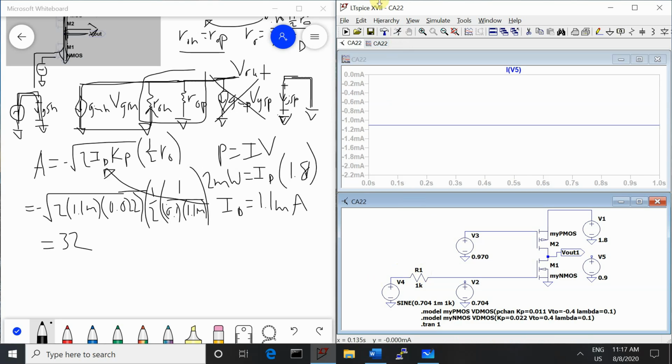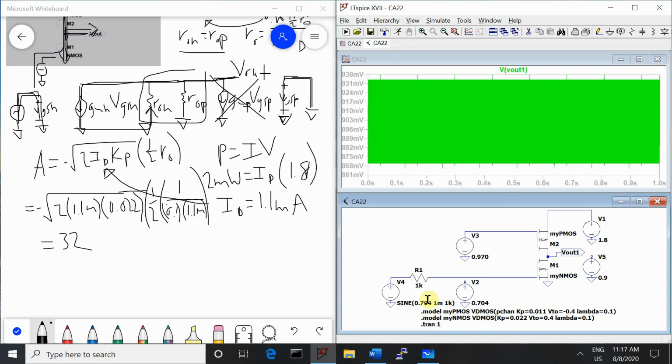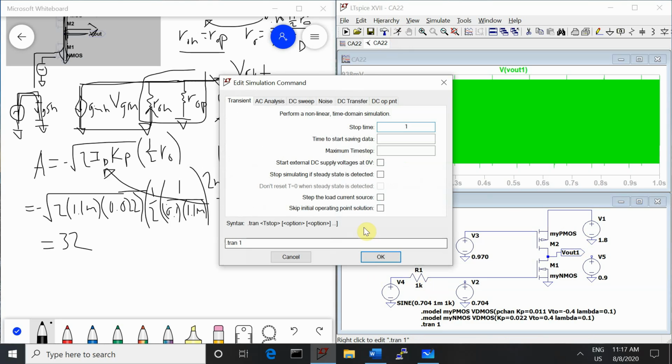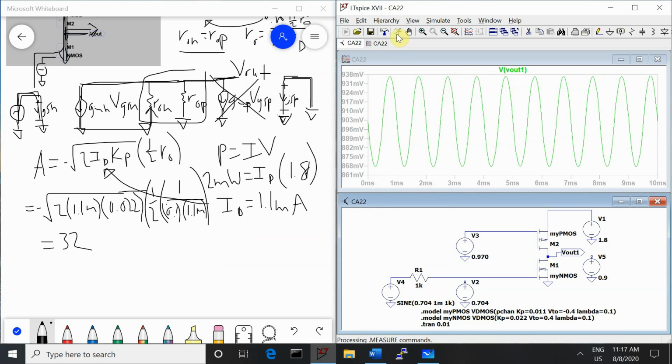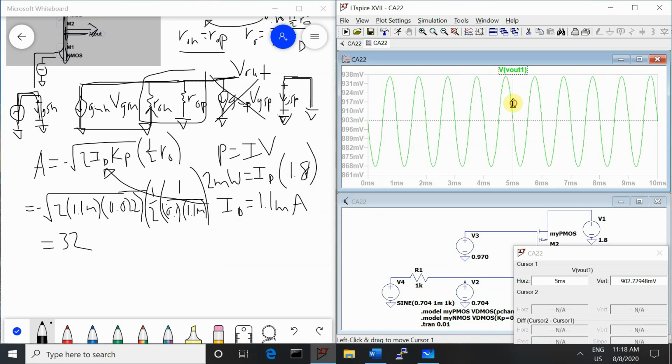And now we will measure V out. We're going to change our transient to 0.01 because we have a 1 kilohertz sine source. And then we will measure our gain.